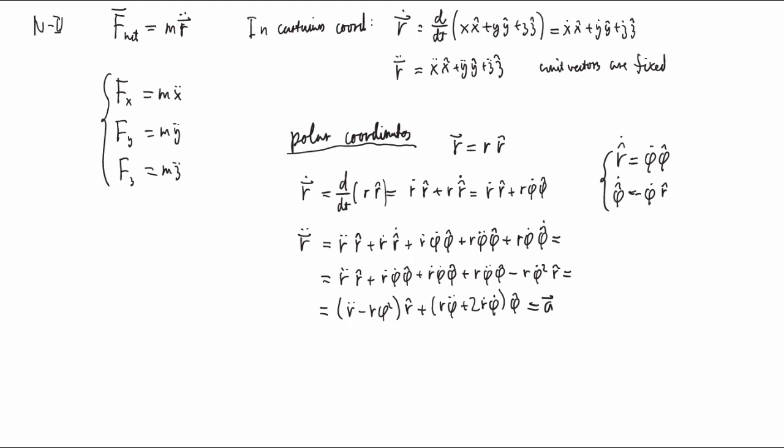So if we now want to write out Newton's second law, instead of the simple formula, we get that. And if you were to do this in spherical coordinates, it would obviously be even more complicated. So this is still Newton's second law. We haven't done anything special, but we're working in polar coordinates, and that makes things more complicated.